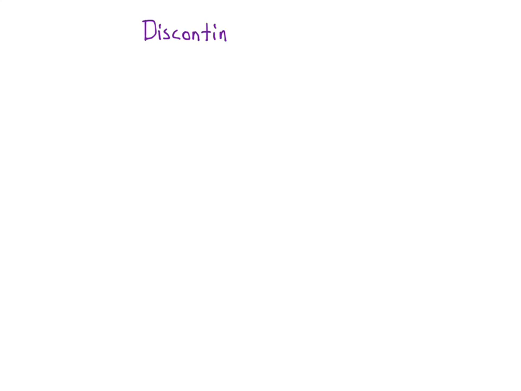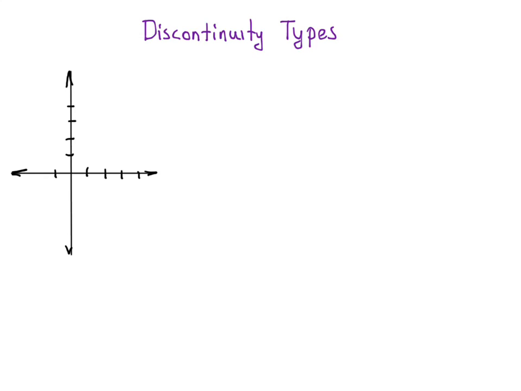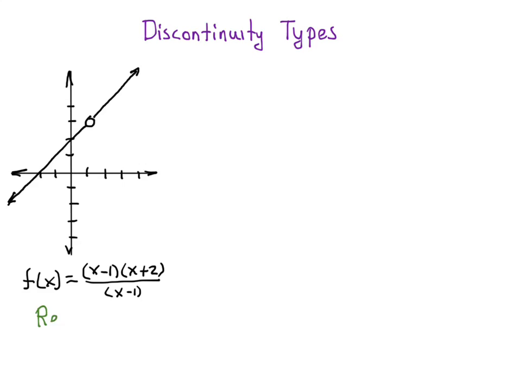All right, so let's look at different types of discontinuity. I showed you in those functions that we have different reasons why we're discontinuous. So let me make the plot of some of those and we'll classify them. The first one, the one I drew on the board, is a removable discontinuity.